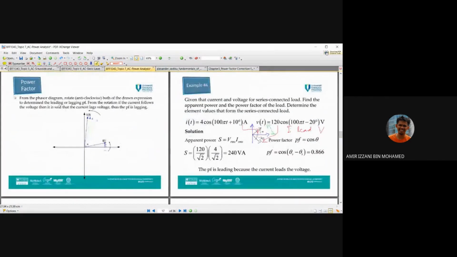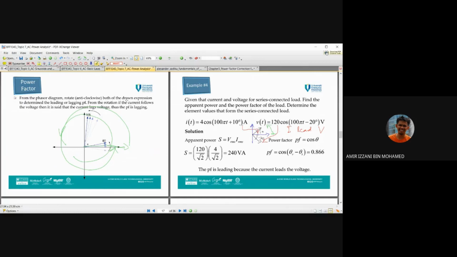From the phasor diagram, the rotation is always clockwise. It starts from the real axis and rotates to 360 degrees.